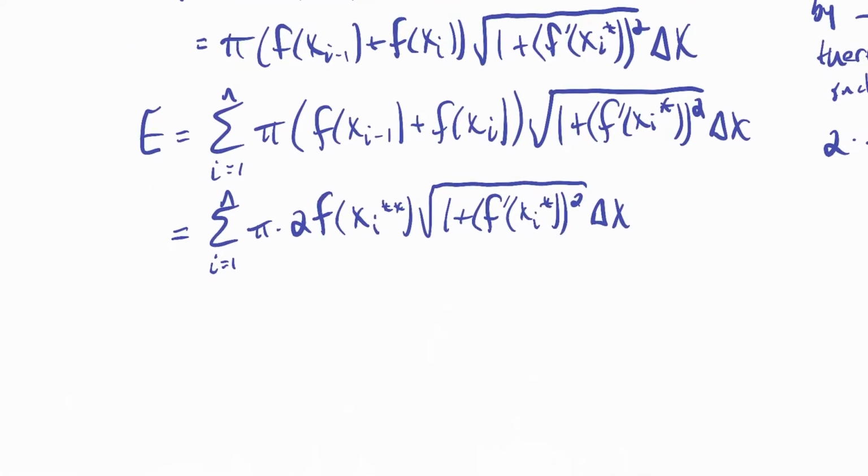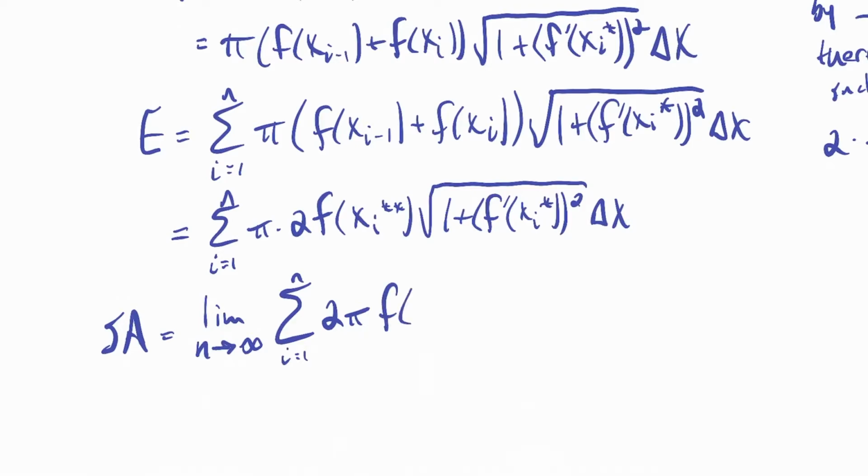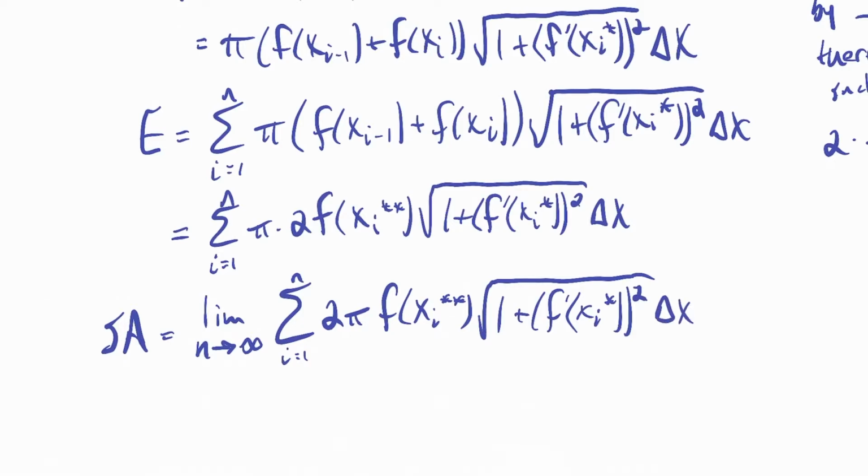The actual surface area that we're looking for will be the limit as n goes to infinity, the number of frustums goes to infinity, of the sum as i goes from 1 to n of 2 pi, I'm switching the order here but that's just window dressing, of f of xi double star times the square root of 1 plus f prime of xi star squared, delta x. There you go. That is the exact surface area.